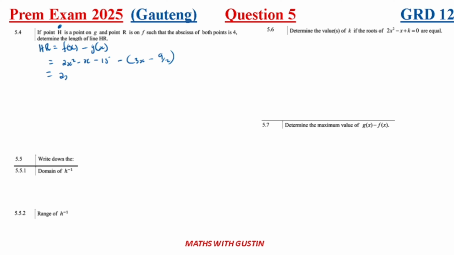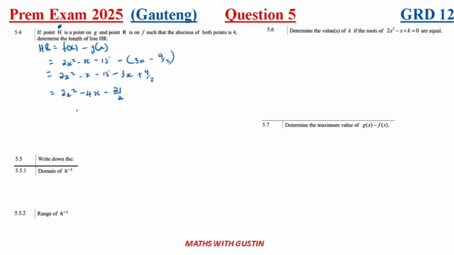So therefore 2x squared minus x minus 15 minus 3x plus 9 over 2. Okay, let's go ahead and simplify this. We're going to have 2x squared minus 4x minus 21 over 2 when we simplify this, right?